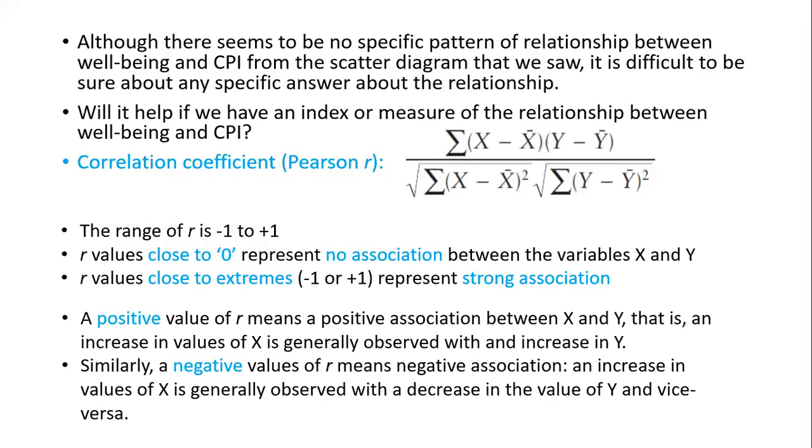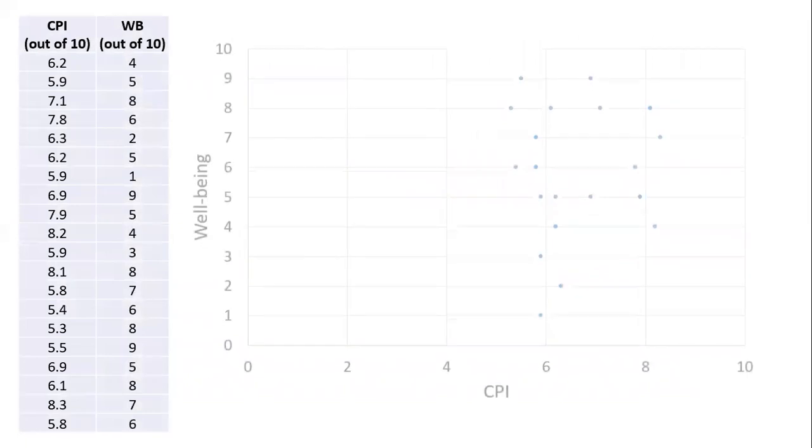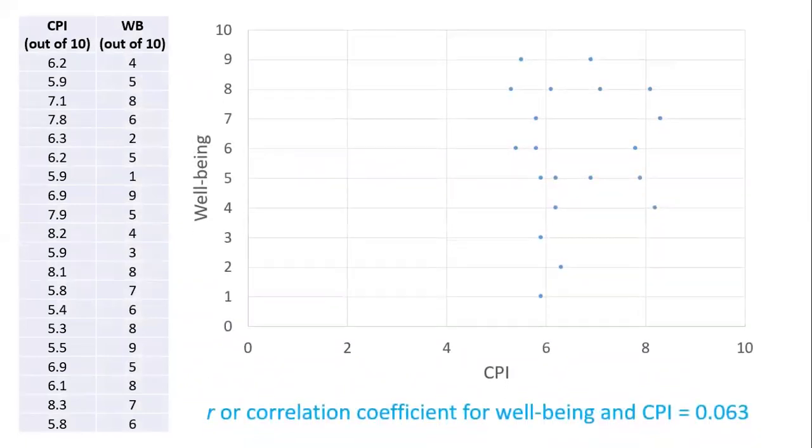So with this set of information, let's try to look at our data of CPI and well-being once more. We could find with the help of the formula of Pearson R that it is 0.063, which basically means that the strength of association between CPI and well-being is not strong.